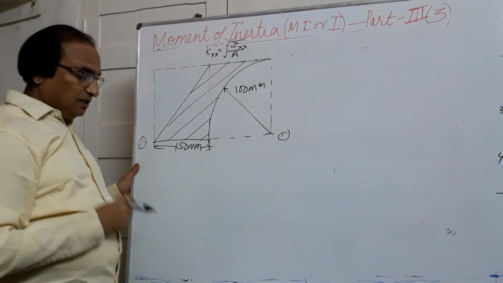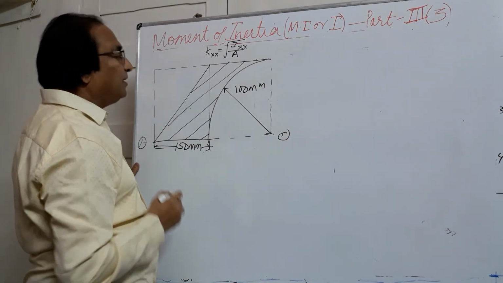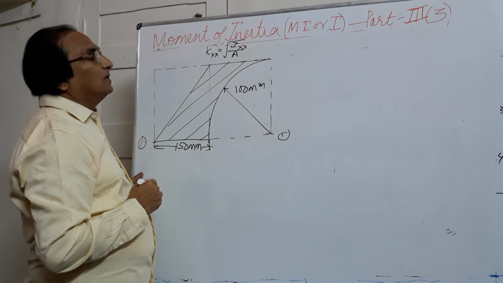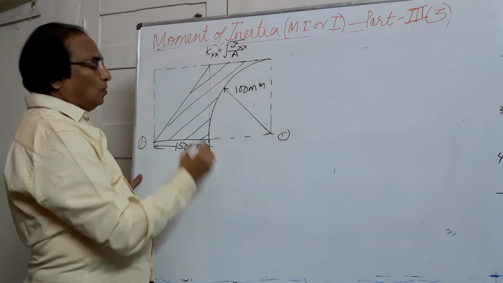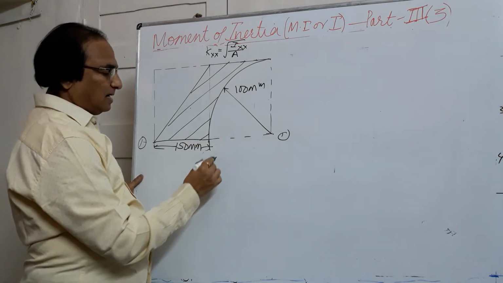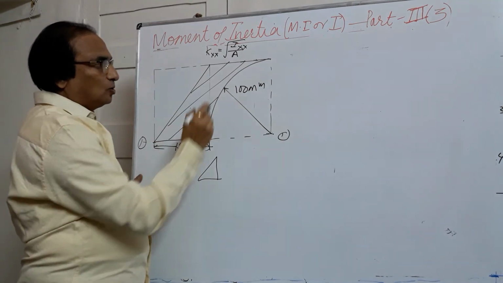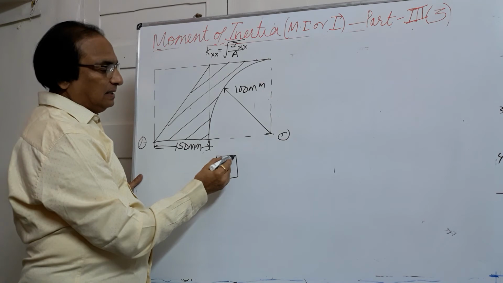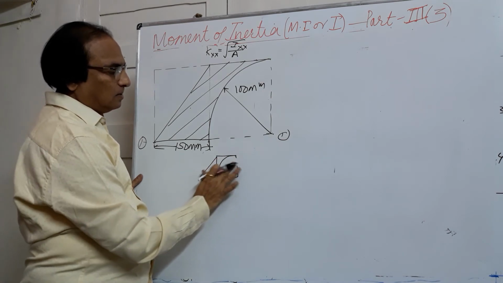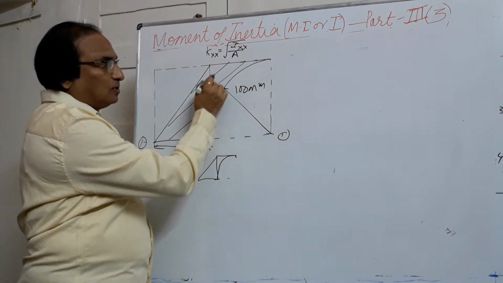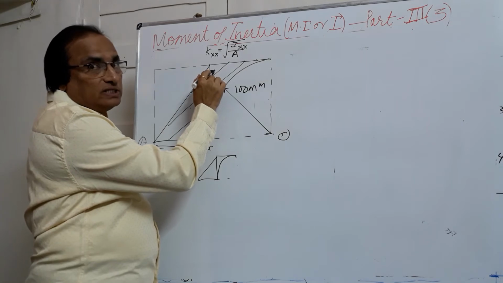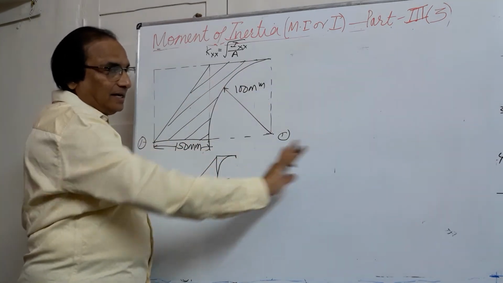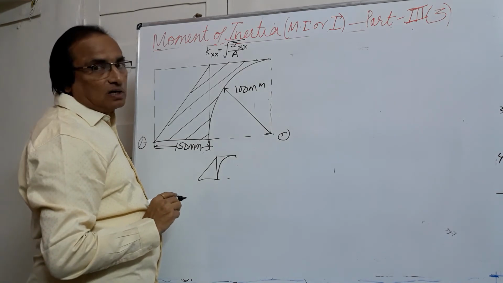Now first thing is we have considered the reference axis. Second thing is you will have to divide the figure into regular figures. So how can you divide this figure? There are many options. One is I will take this triangle, to this I will add this square, then I will cut out a quarter circle. I have told you in CG also, whenever such a problem is there, first make it a rectangle and then remove the quarter of a circle.